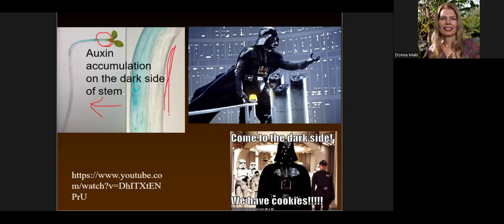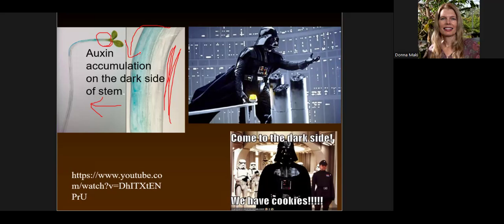And so what happens is the auxin gets stimulated by that unidirectional light, and it moves to the dark side of the stem and starts flowing down the dark side. What it's doing is telling the dark side, grow, grow, grow, grow. The lit side, the side that's actually getting hit by light, is slowing down its growth. So that's what we mean by varying growth or asymmetrical growth in different parts of the body.